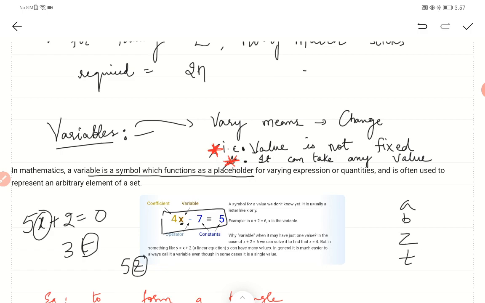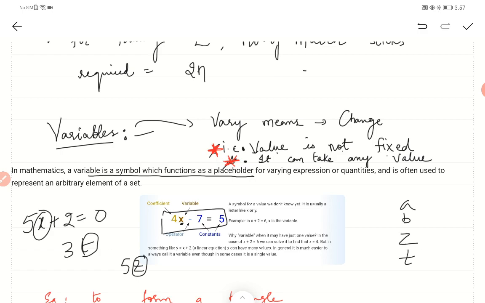So a variable can hold any value. Remember the two important things for a variable. The value is not fixed for a variable. Remember, the value is not fixed. It can give the solution; for any equation you'll have one solution.